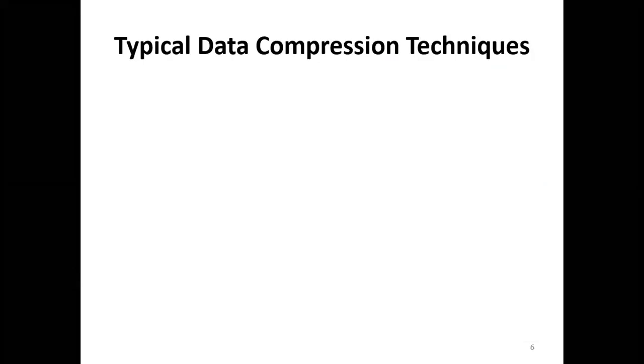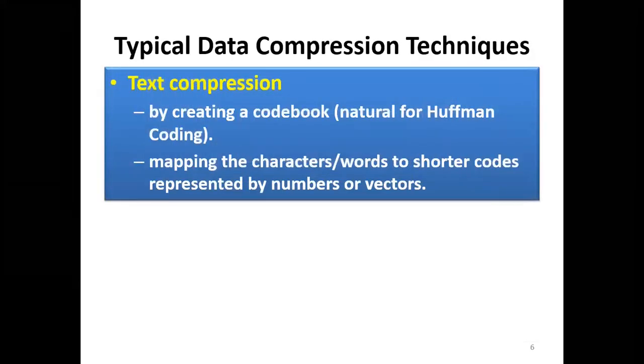So the typical data compression we can group into areas, like text compression. When we perform text compression, we can create a cookbook for it, which we will see in Huffman's coding.